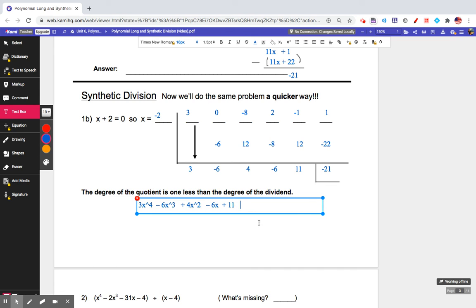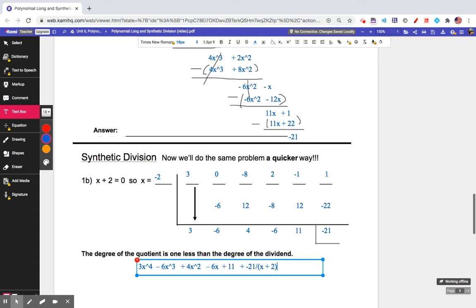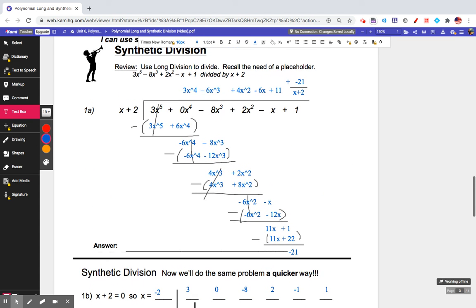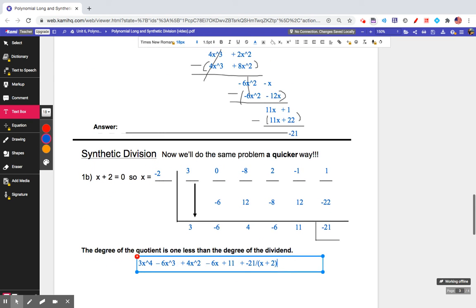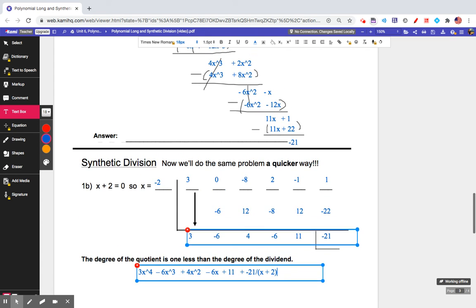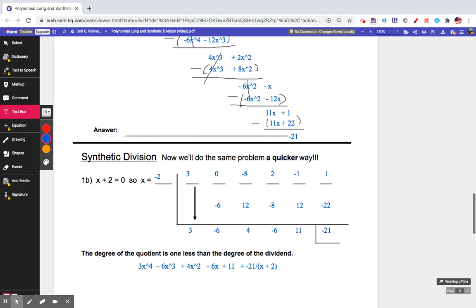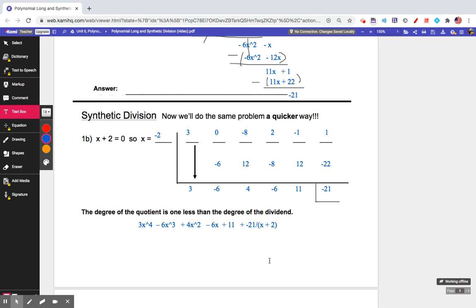And then we have our remainder plus negative 21 over x plus 2. And you'll notice that answer is the same as what we got earlier using the long division. So synthetic division just gives us a quick way of doing polynomial division, which will be really helpful when we go to look for rational roots.